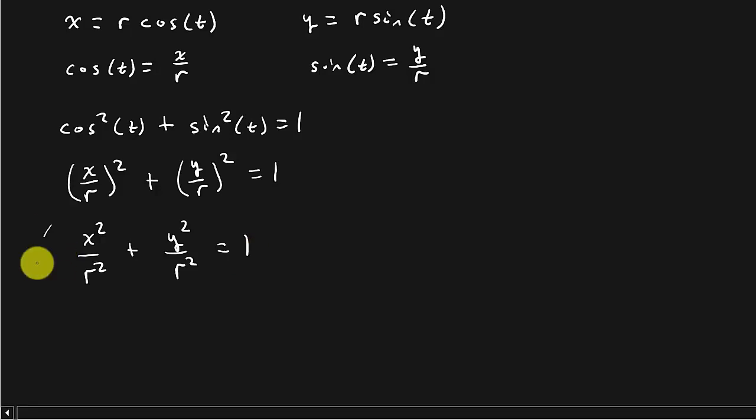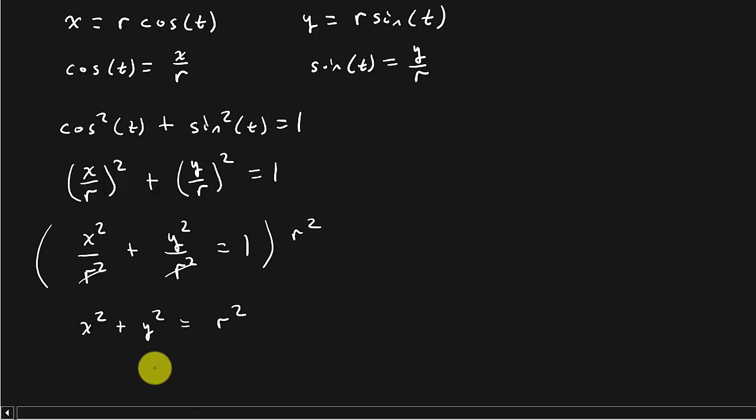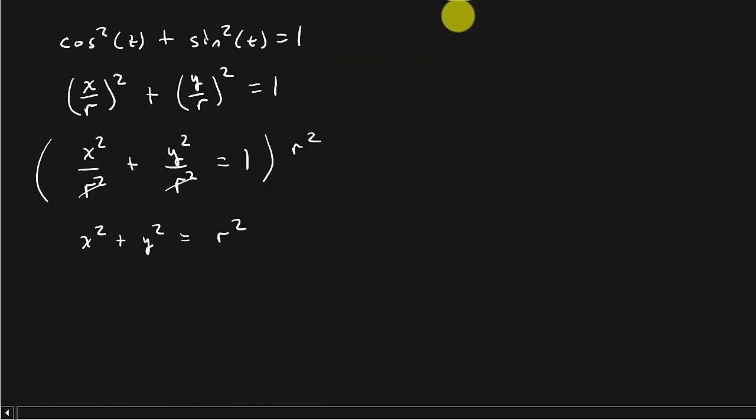If I multiply everything through by r squared, that leaves me with x squared plus y squared equals r squared. So now I know that's a circle with radius r, but it does tell me it wants the center at h, k.